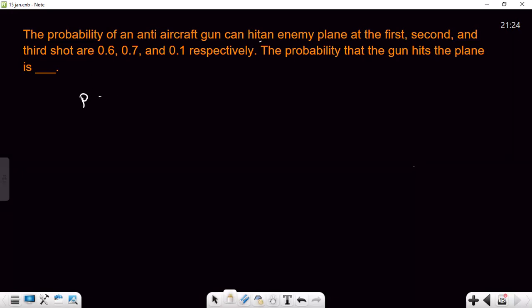Let's call the event of getting it shot at the first shot E1. We have to find out the probability of E1 or E2 or E3. Like one of them, not two of them can happen simultaneously.